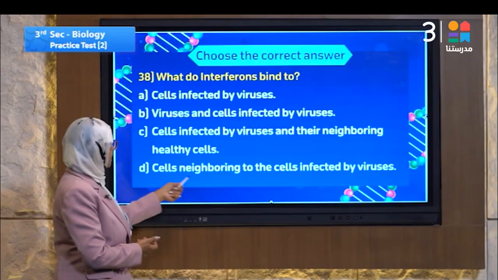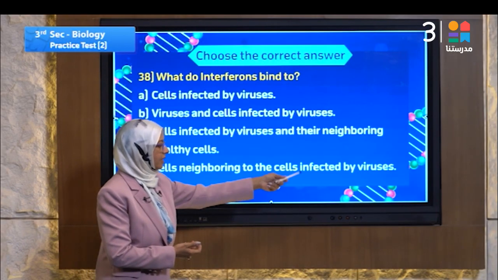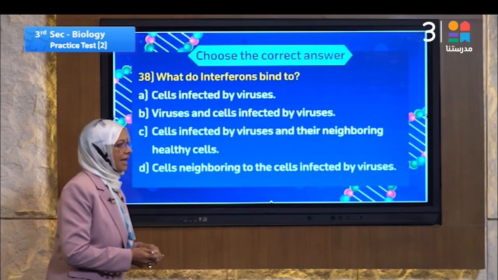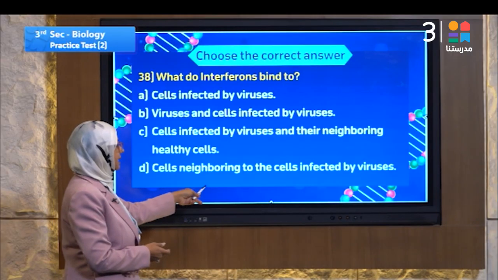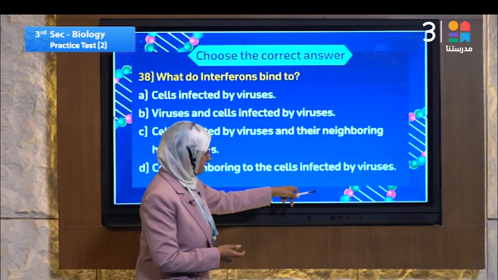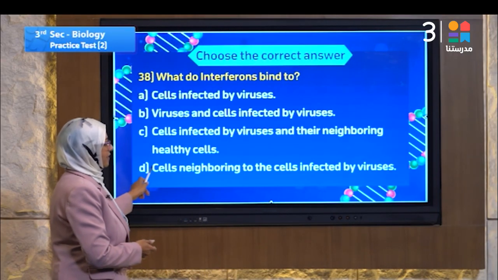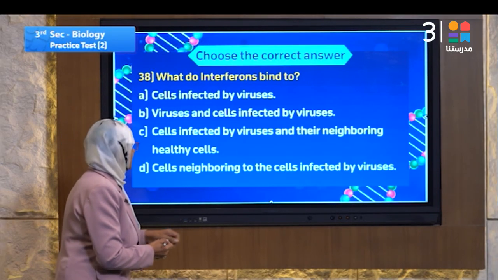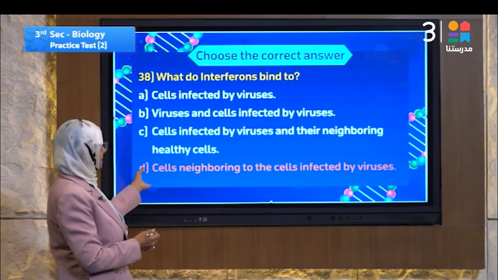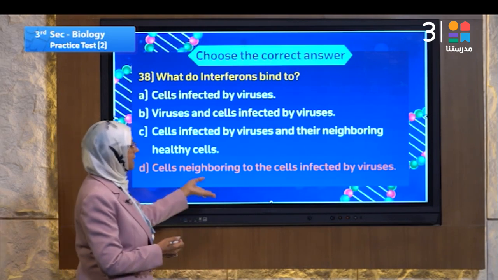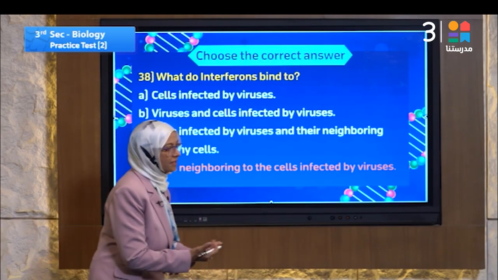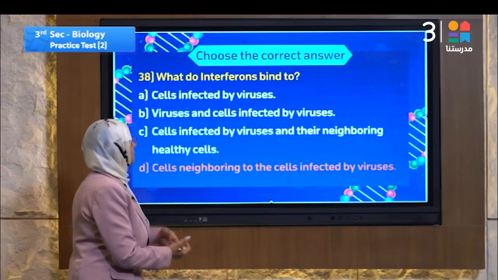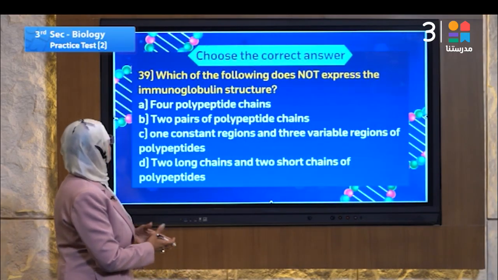No, cells neighboring the cells infected by virus. Interferons help the cells neighboring the infected ones to become immune. So the answer will be D, cells neighboring the cells infected by the virus. This is the answer.